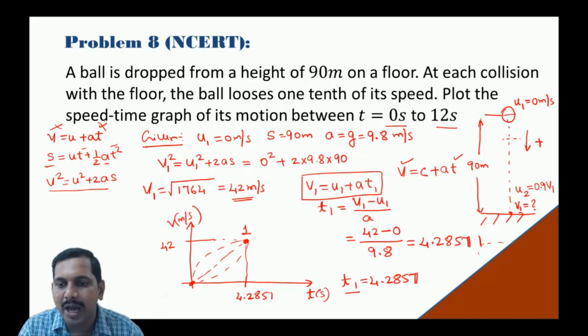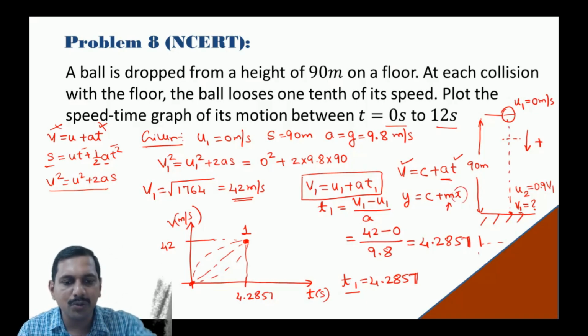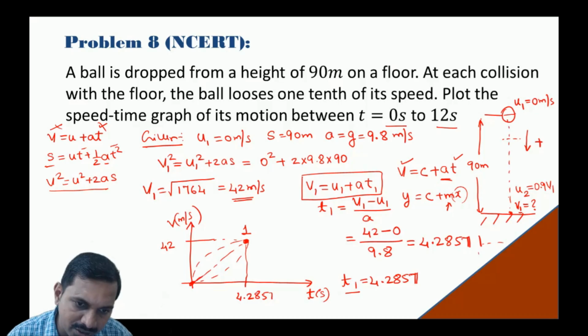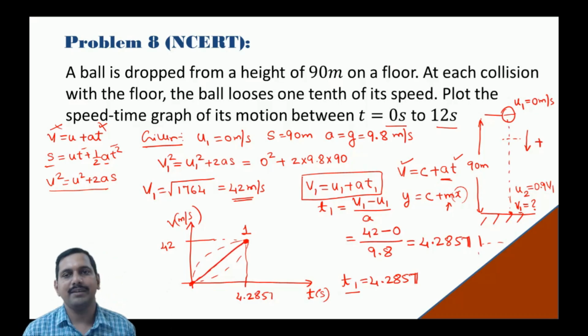This is similar to having y is equal to say constant plus mx. M is the slope, which is acceleration, and x is linear. So it is similar to a straight line. So we have to join this using a straight line. That is understood now.